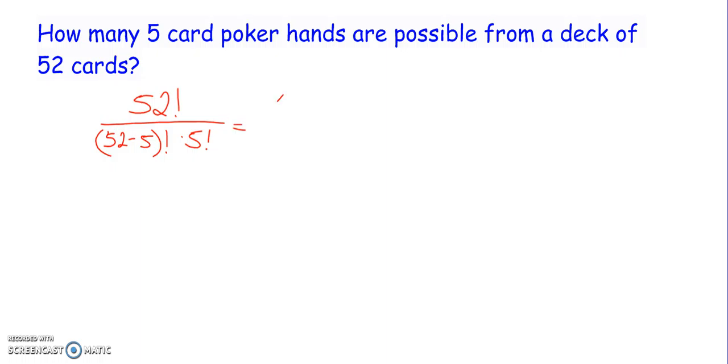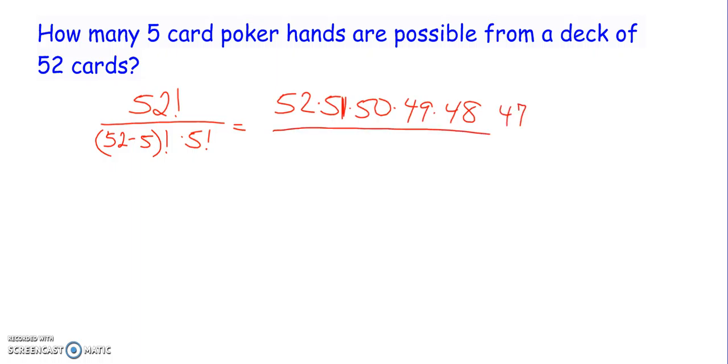So what I'm thinking here is you have 52 times 51 times 50 times 49 times 48. Now, I could write 47 factorial. On the bottom, I'm not going to write out 47 factorial because I know right away these are going to cancel. But I do need to write out the rest of that 5 factorial. And again, I told you I prefer to do these by hand because 2 times 5, that's 10.